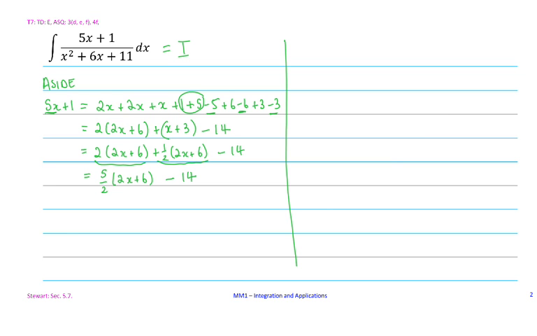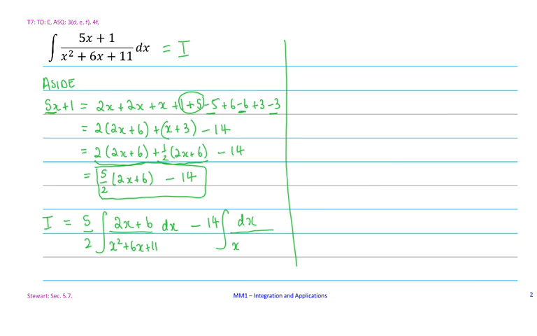This means our integral now becomes 5 over 2, because this is now our top part, and we can substitute that in as the integral of 2x plus 6 over x squared plus 6x plus 11 dx, minus 14 times the integral of dx over x squared plus 6x plus 11.